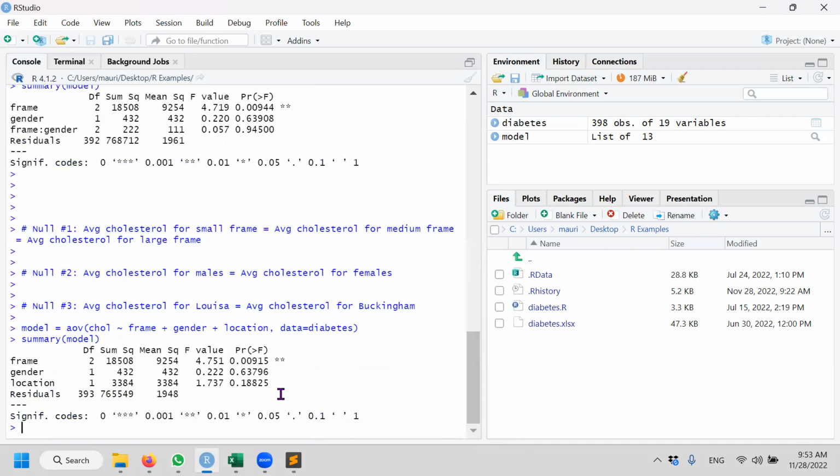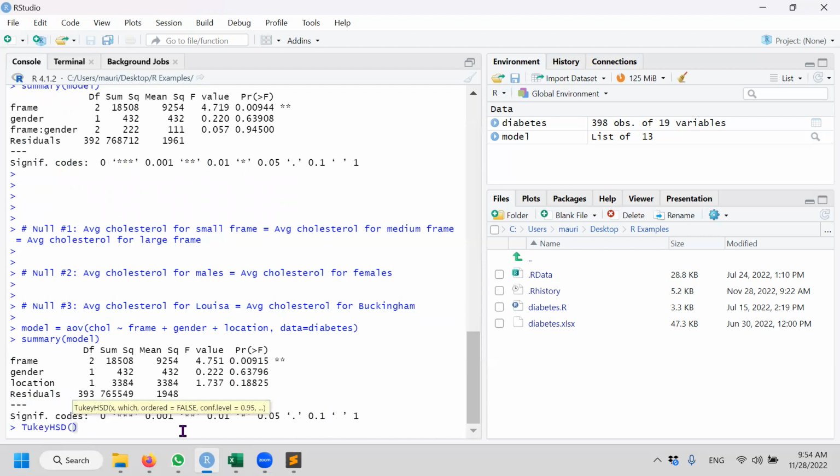Okay. So you look at it, it only tells us that in terms of the average cholesterol level between patients living in Louisa and those living in Buckingham, there is no significant difference. The p-value is 0.188. So similarly, only body frame is a difference. Okay, you can do the Tukey's HSD, it gives you the same result.